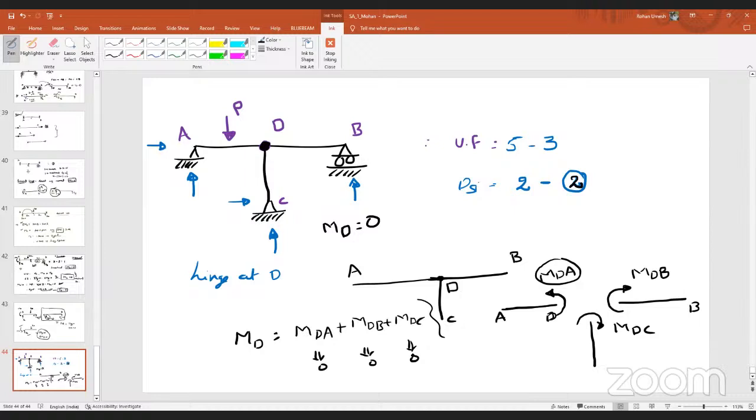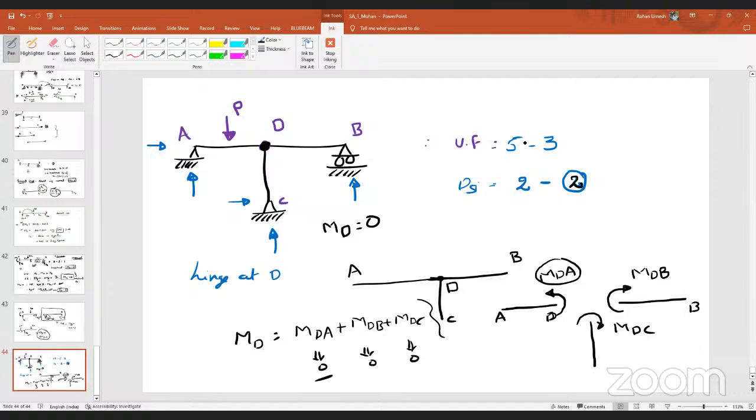Don't tell me that I'll consider plus 10, minus 1, minus 5, then also it is 0. The point of hinge is that there is no resisting moment at that point. That's it, okay? Don't tell me with all the algebraic forms. Is it right? As there is no resisting moment at point D, MDA should be 0, MDB should be 0, MDC should be 0, isn't it?